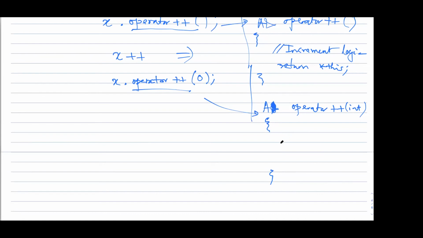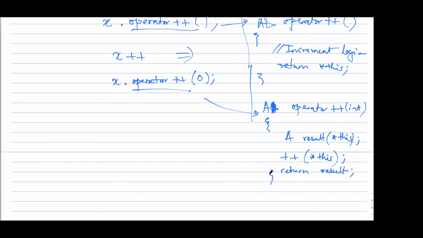So here we will be writing A result(*this). This is the copy constructor that gets invoked, and then you do ++*this. So this is basically invoking the prefix operator, and then you return the result.